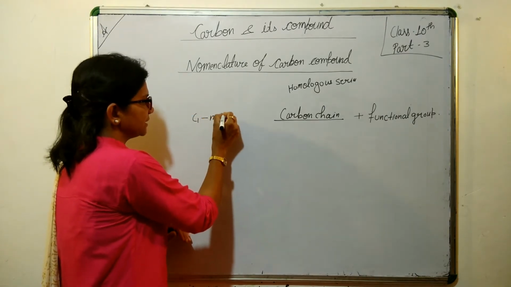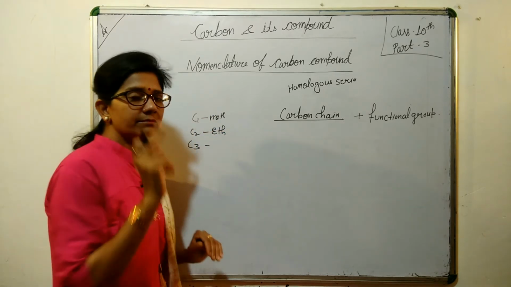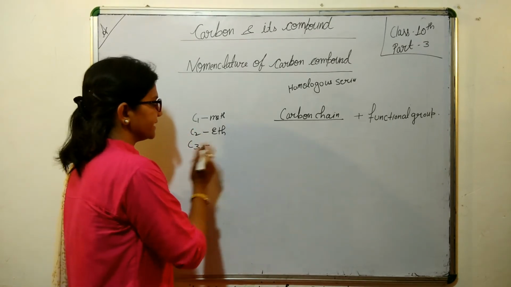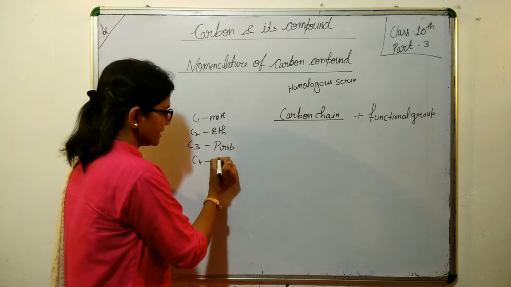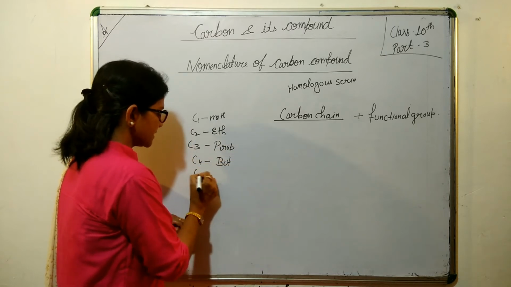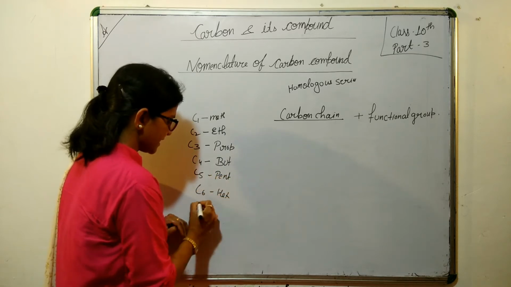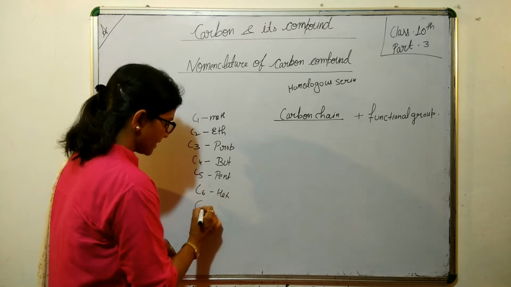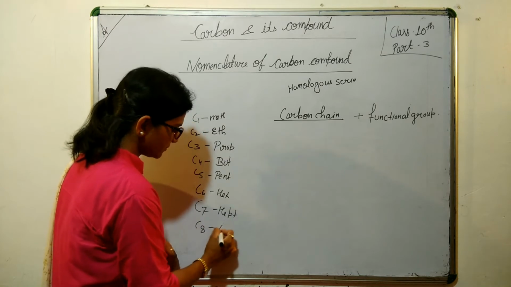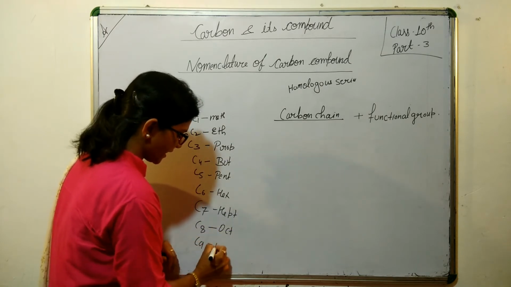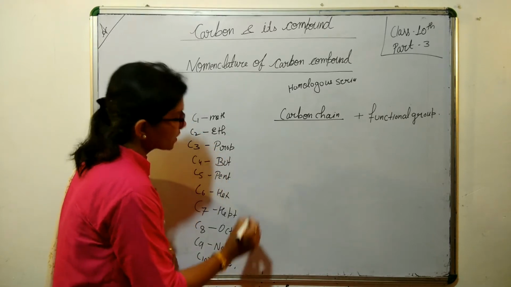C1 meth, C2 eth, C3, if the number of carbons is 3, then it is prop, C4 but, C5 pent, C6 hex, C7 hept, C8 oct, C9 non, and C10 dec.